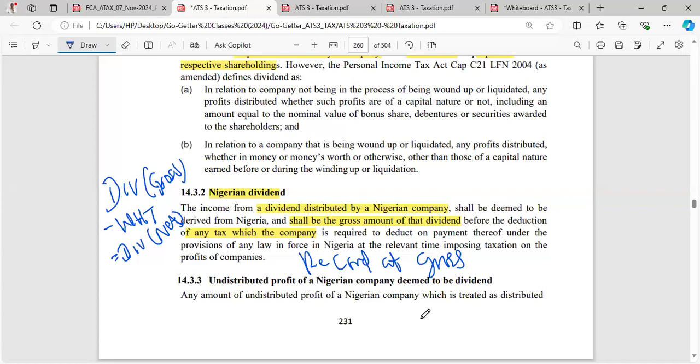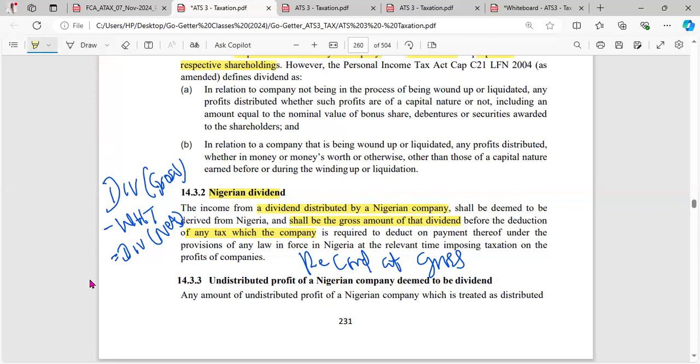They have removed withholding tax. Go back and add the withholding tax. Though you didn't receive it, go back and add it and put it in your book as gross. So you have to record it at 1 million, even though you received 900,000.